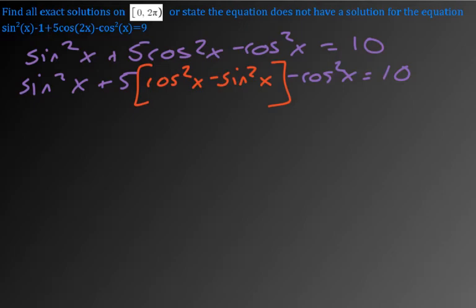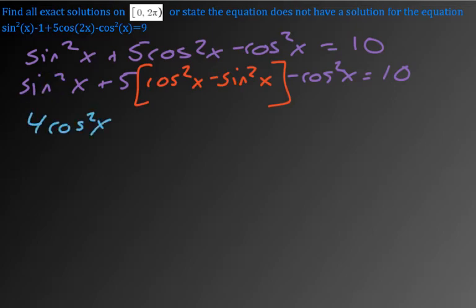If you distribute the 5 in, I'm just doing this because then I could combine some more like terms. So I'm going to do a few things at once here. 5 cosine squared minus a cosine squared is a total of 4 cosine squareds, right?